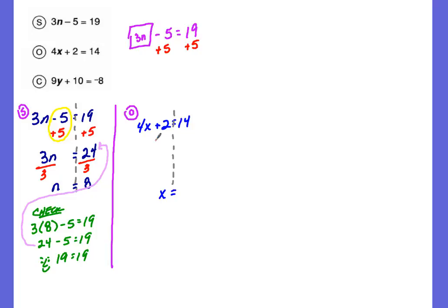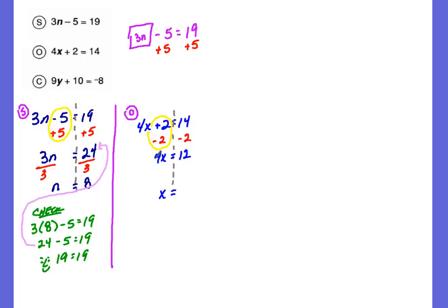So my first step in doing that is I'm going to take away the 2 from each side. This cancels out, totally gone, which means the only thing remaining here, I've got 4x plus 2 minus 2. They cancel, so I've got 4x left. On the other side, I had 14 and I took away 2, so that gives me 12.